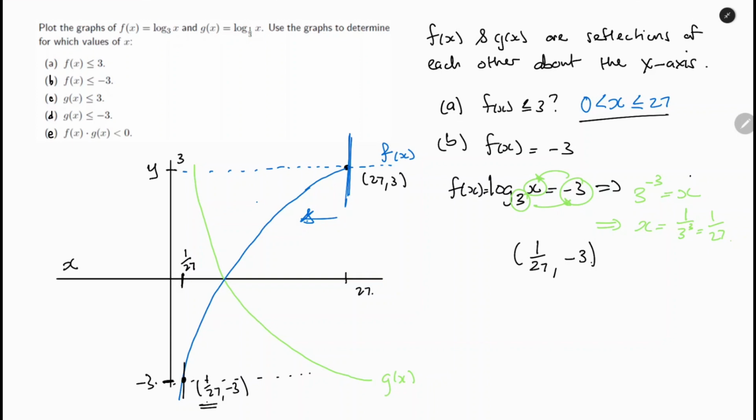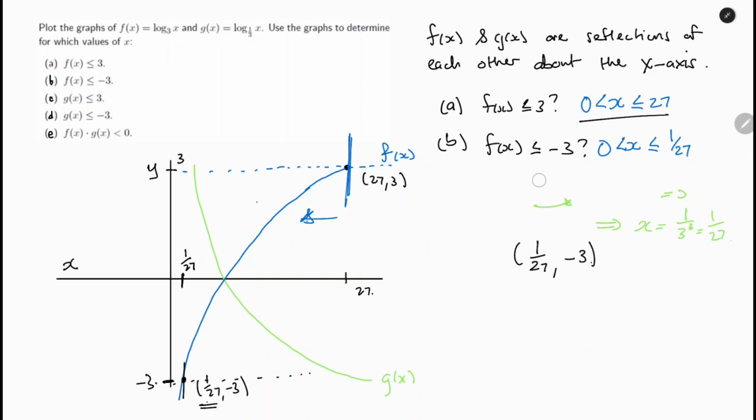So what we're looking for, the answer will be x is less than or equal to 1 over 27, but again greater than 0. Okay, so it's just in this little space here is where the inequality of B is satisfied.